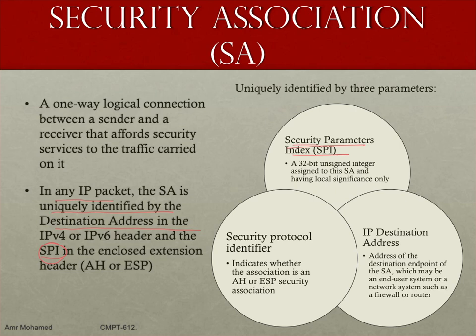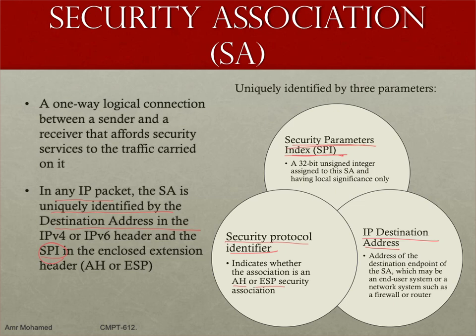So the security parameter index is the primary key. And there is the IP destination address. Together, they will identify that this traffic has a particular behavior, and based on that, we have this security association entity. And we have the security protocol identifier, which is like a flag, whether we have AH or ESP security.